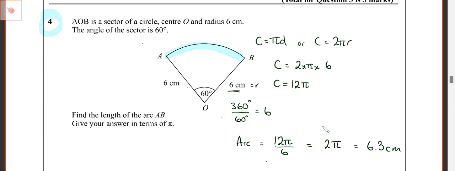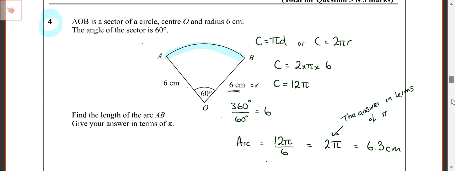So just a thing for your notes, this is the answer in terms of pi. That might be something new to you, but it actually makes things a little bit easier, I think, to leave it in terms of pi.